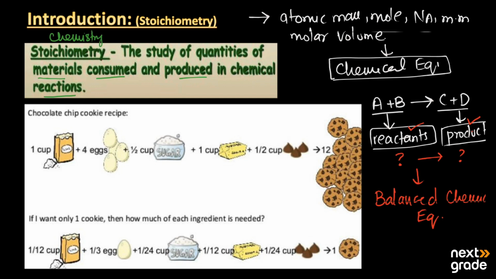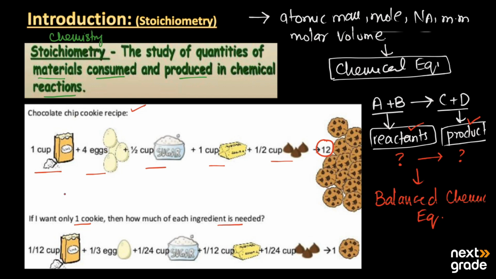So let's have an example from daily life. Here we have a chocolate chip cookie recipe in which we have a cup of flour, 4 eggs, half a cup of sugar, 1 cup of butter, and half a cup of chocolate chips. We get a total of 12 cookies from it. But if I want only one cookie, how much of each ingredient is needed?